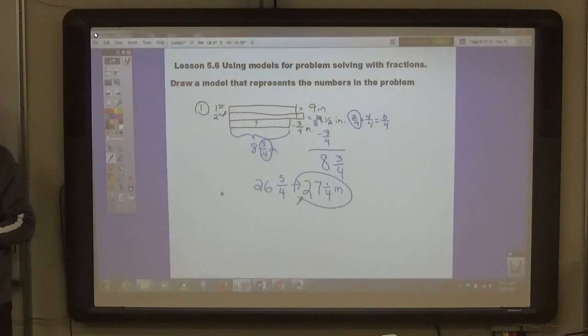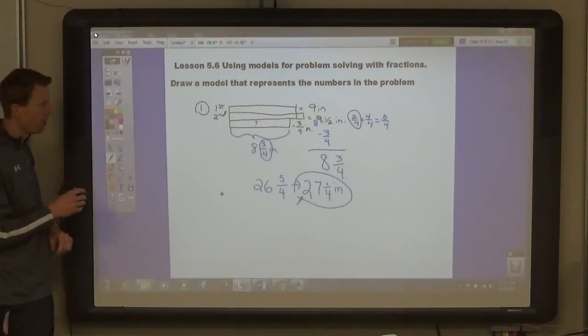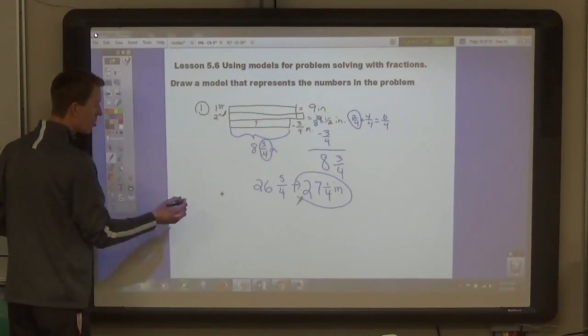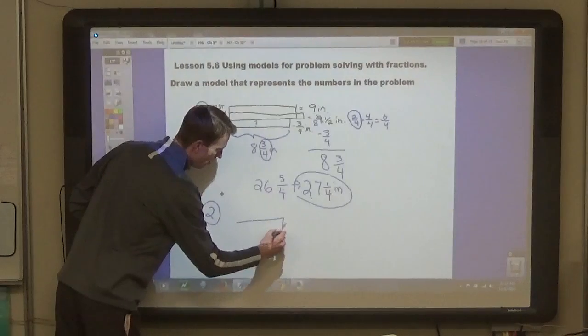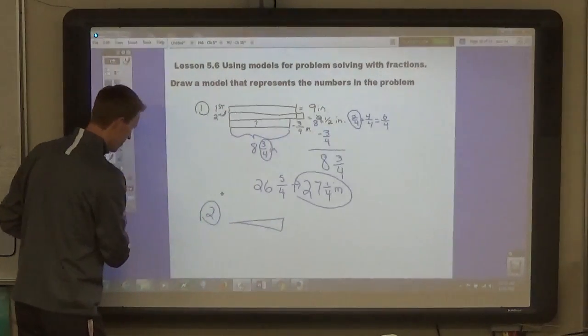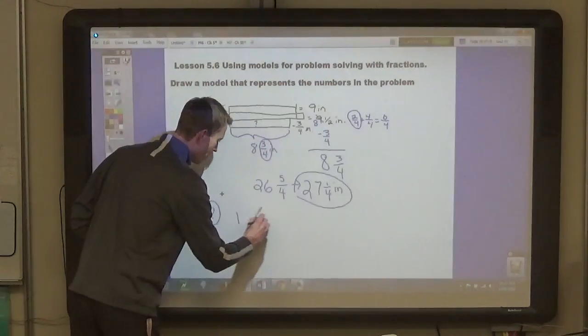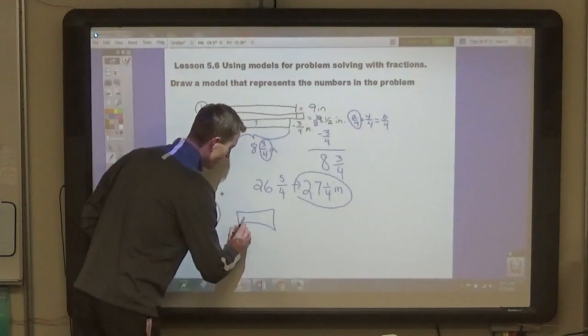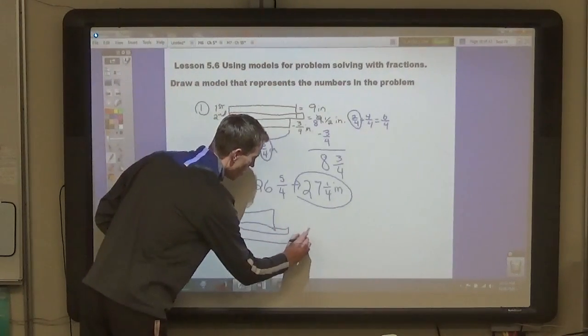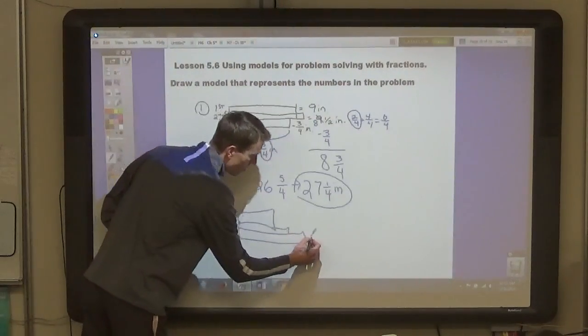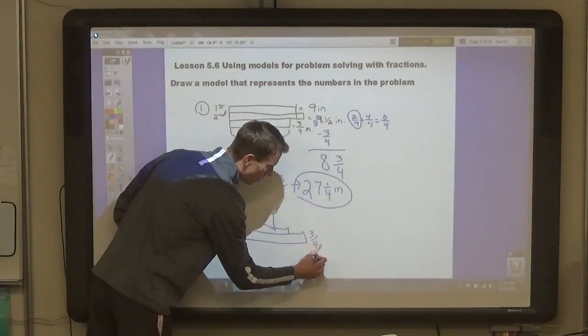If the third piece of wicker was 3/4 of an inch longer than the second piece. So, if we draw this out again, that might be hard. Here's the second piece, and the third piece is now longer than the second piece, 3/4 of an inch longer.